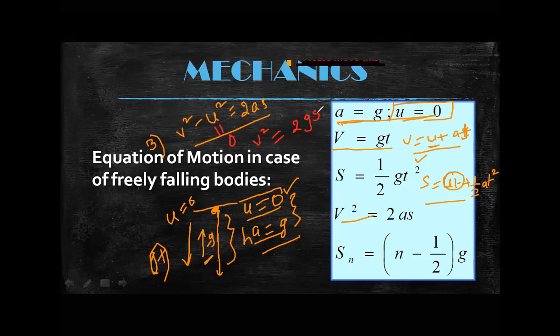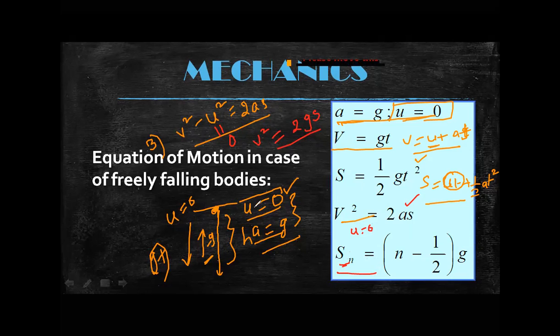Sometimes you people write 2gh also, because s becomes h, height. So the third equation is over. Similarly, the fourth equation we have, Sn is equal to u plus a into n minus half. Here u is 0, so the final equation becomes Sn is equal to g into n minus half. It was a actually, right? So we substituted a equal to g.